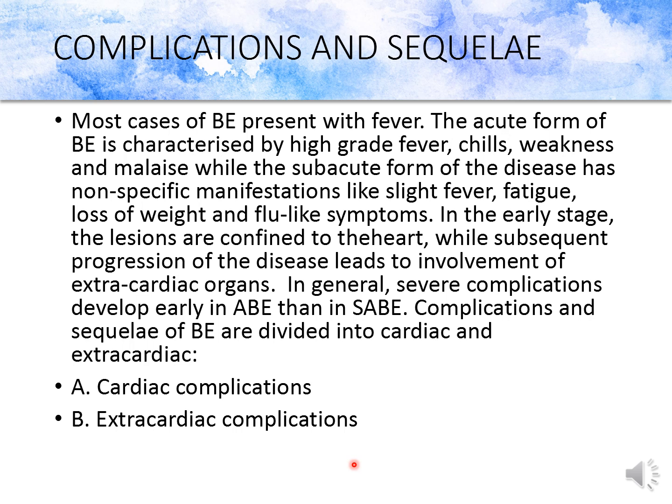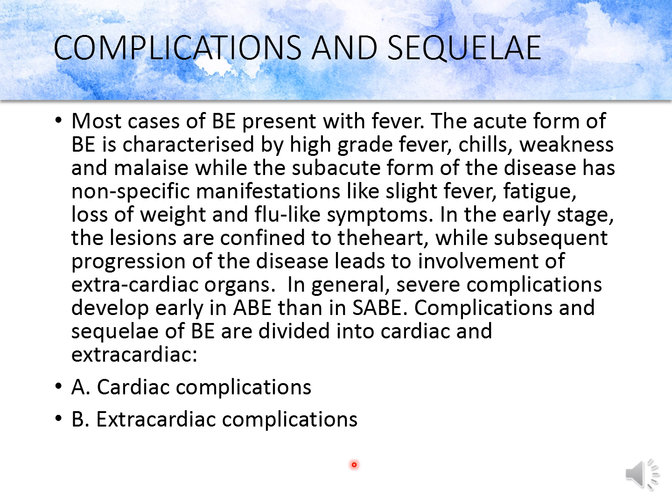Most cases of bacterial endocarditis present with a fever in patients. The acute form of bacterial endocarditis is characterized by high-grade fever, chills, weakness, and malaise, while the subacute form of the disease has non-specific manifestations, like slight fever, fatigue, loss of weight, and flu-like symptoms.